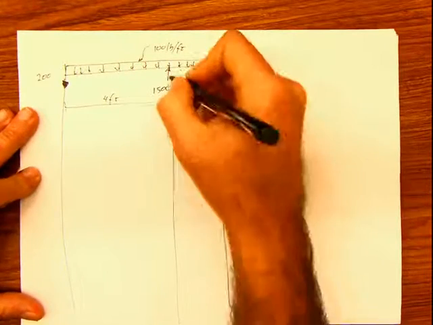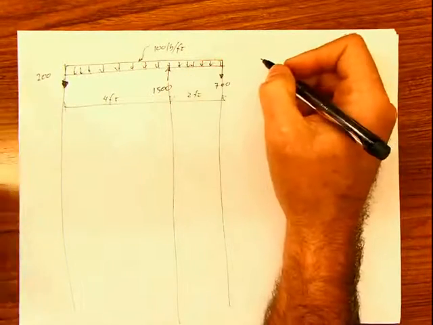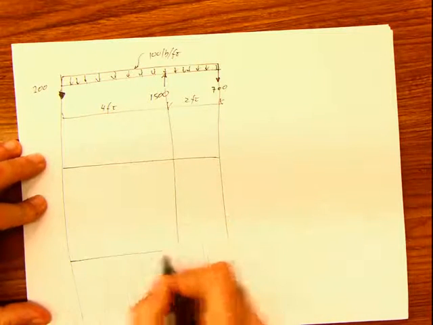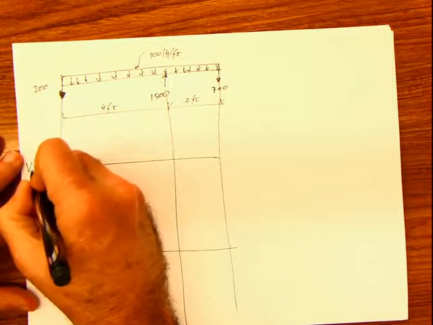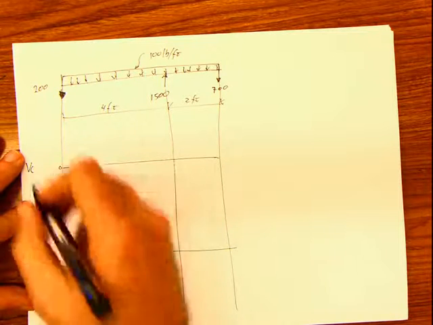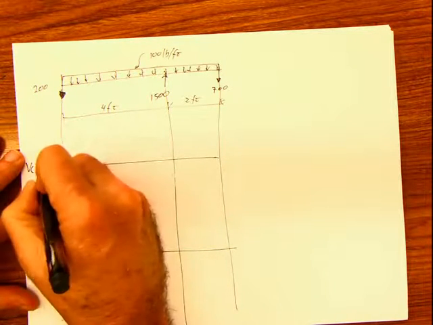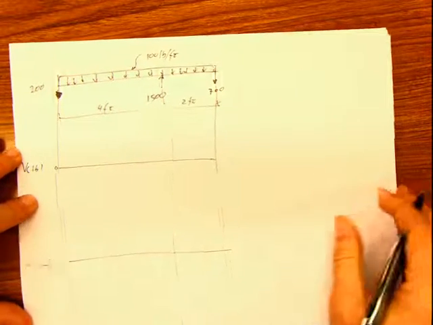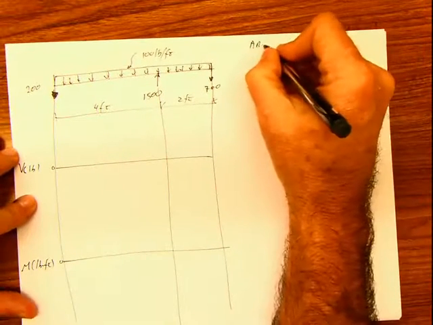Every time that we have an internal support, where a load begins, where a load ends, when you have a concentrated moment, or where you have a concentrated load. Here we are going to plot this, our 0 for our shear and for our moment, in pounds and in pounds per foot. And then we start with the method of the areas.